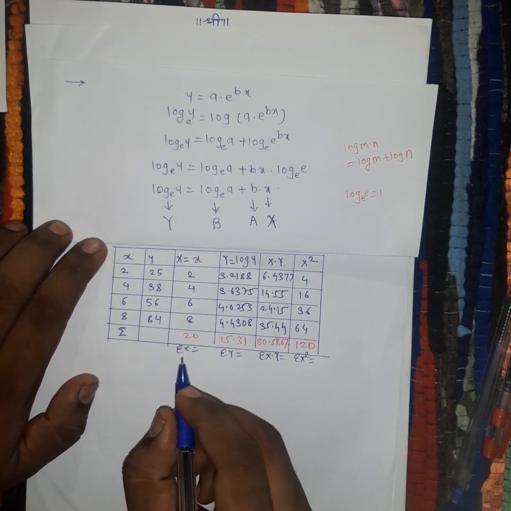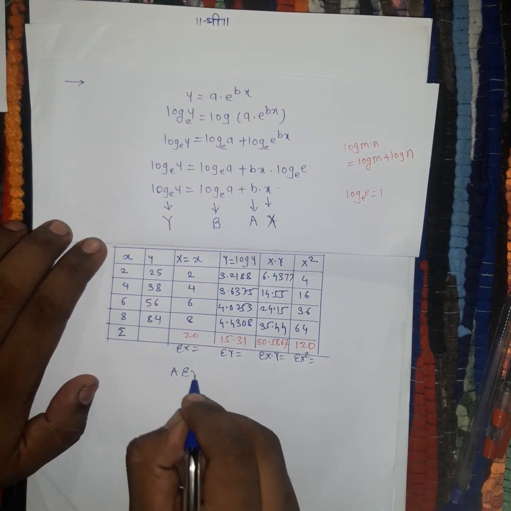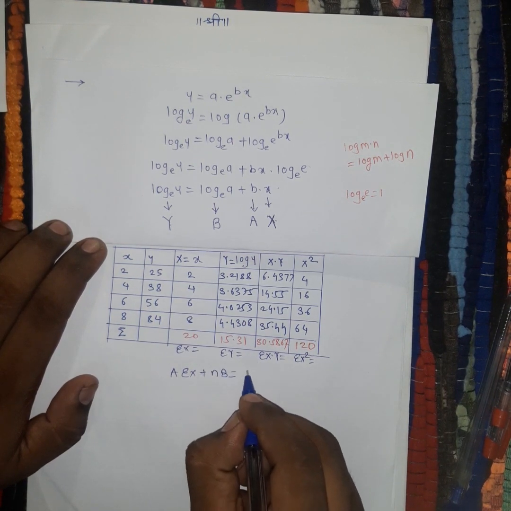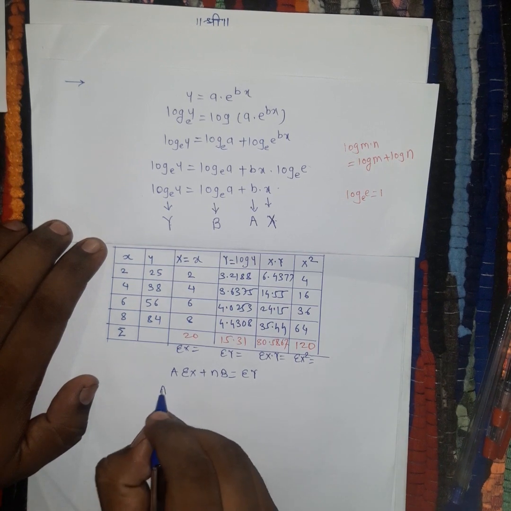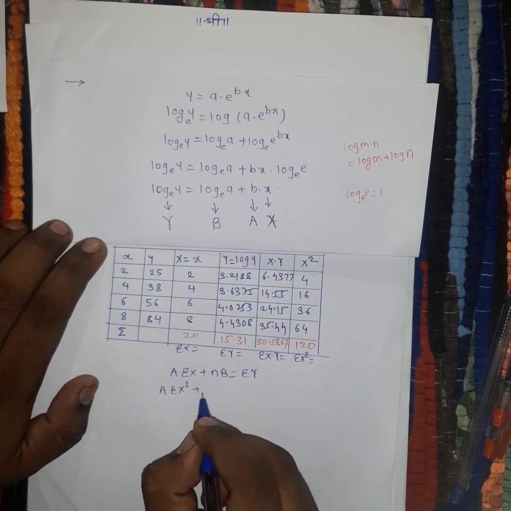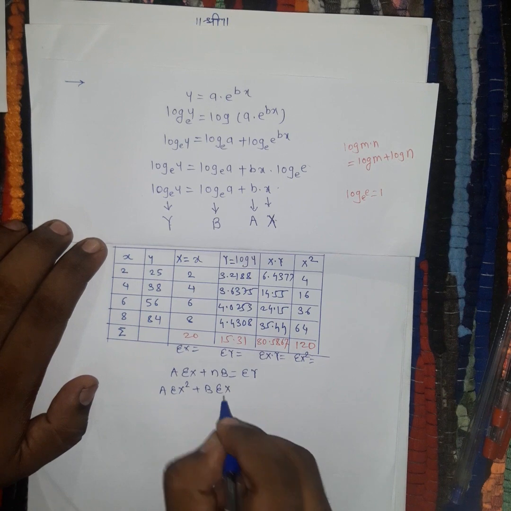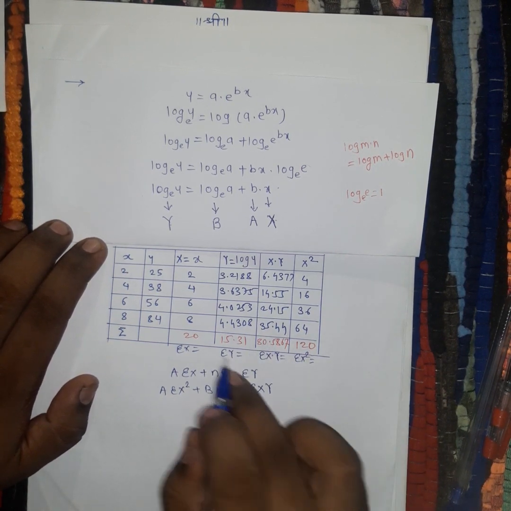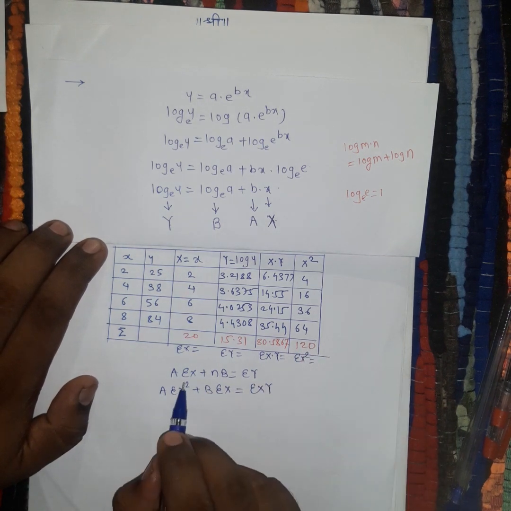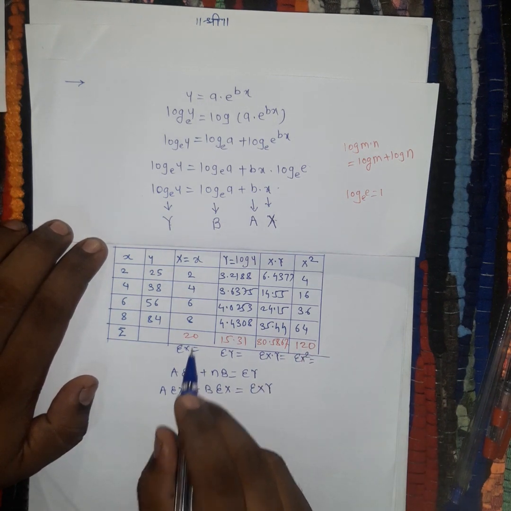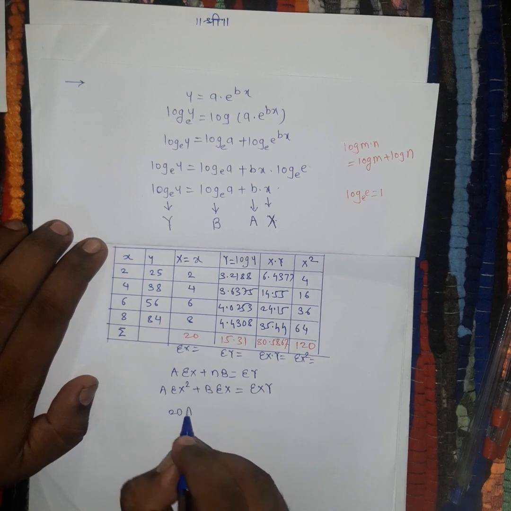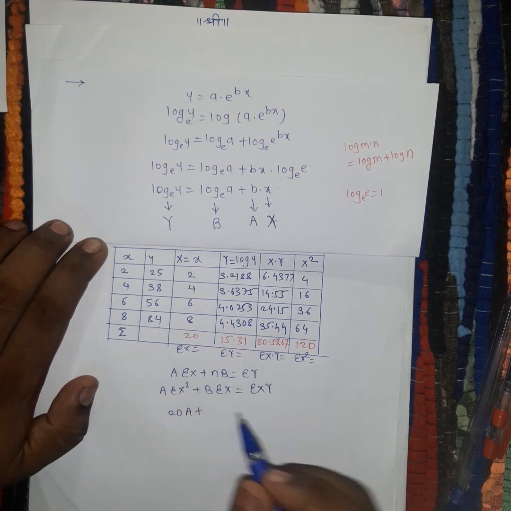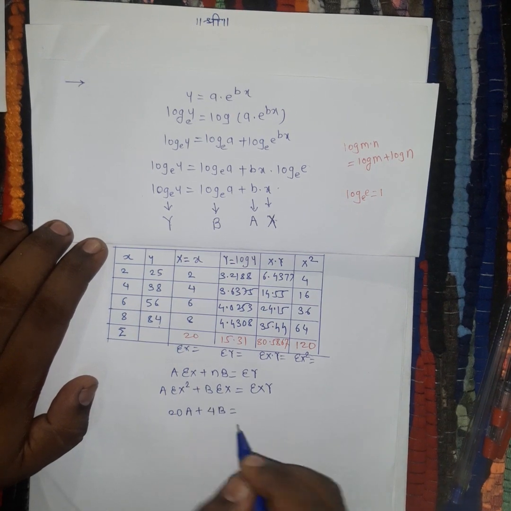So the equations are a summation x plus n into b is equal to summation y, then a summation x square plus b summation x is equal to the summation xy. I will put the values into these two equations. Summation x is 20, so 20a plus n into b, where n is 4, so 4b is equal to summation y.